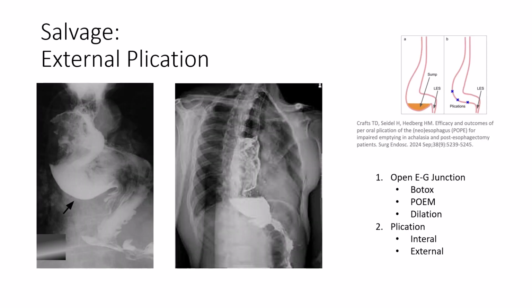External plication can also be performed. This is a patient who was referred to me who had a congenital esophageal atresia. She had a full stomach pulled up into her thoracic cavity and anastomosed to the distal esophagus. And it was this full stomach that continued to form a sump, collect food, create bezoars, and poorly empty.